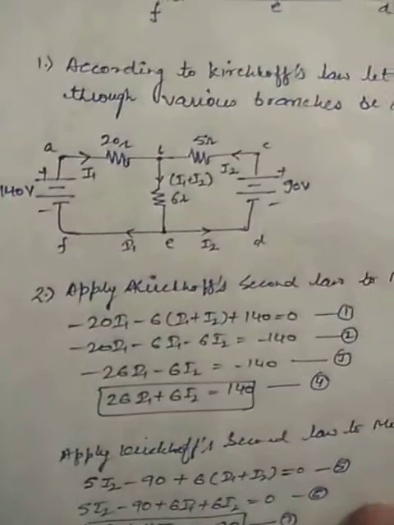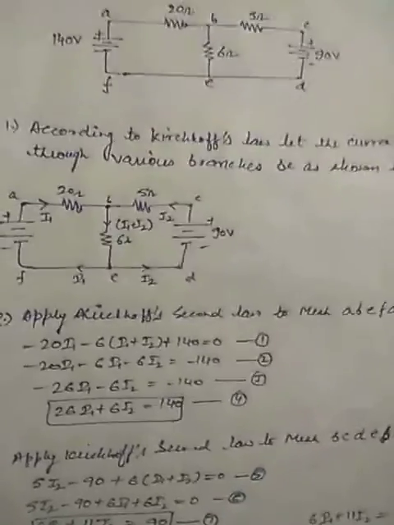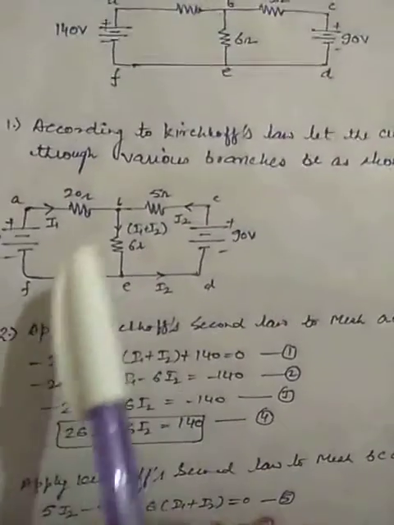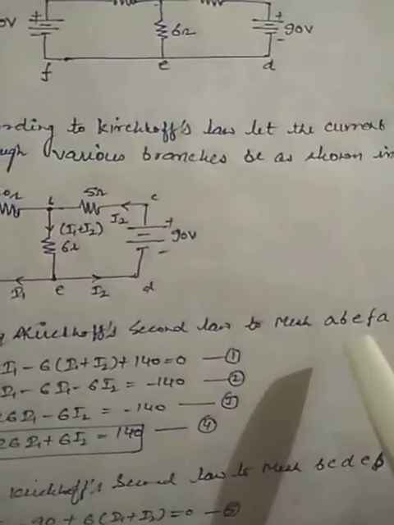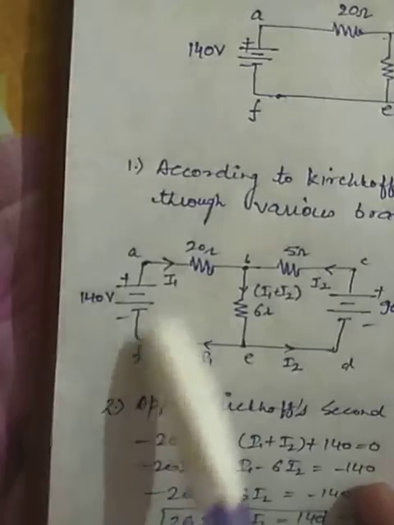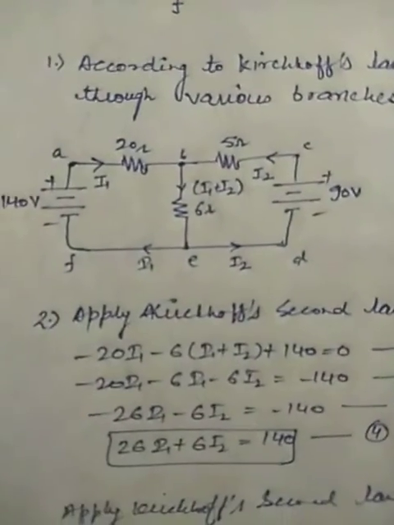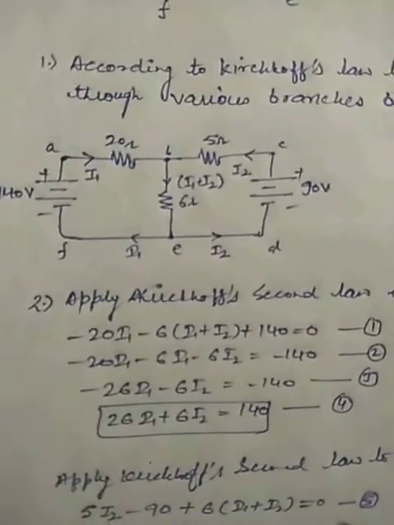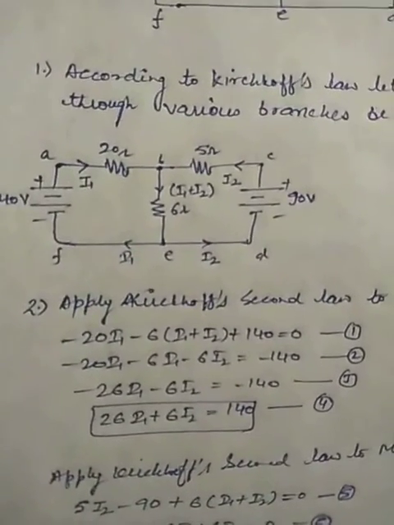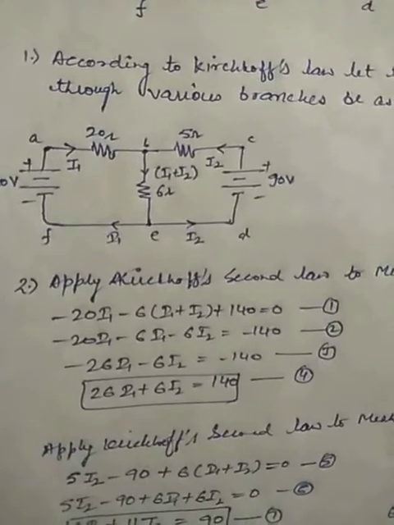In third step we will apply Kirchhoff's second law, or Kirchhoff's voltage law, to mesh A, B, E, F, A. So what is Kirchhoff's voltage law? The algebraic sum of all the voltage sources or EMF sources plus the algebraic sum of all the voltage drops is equal to 0 in any closed electrical circuit.